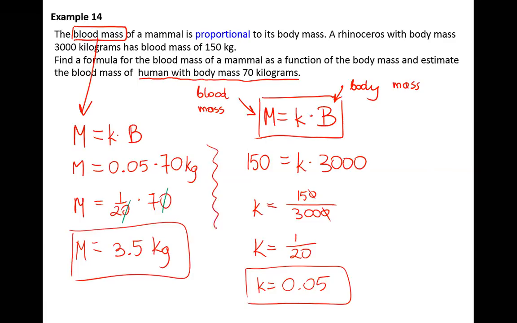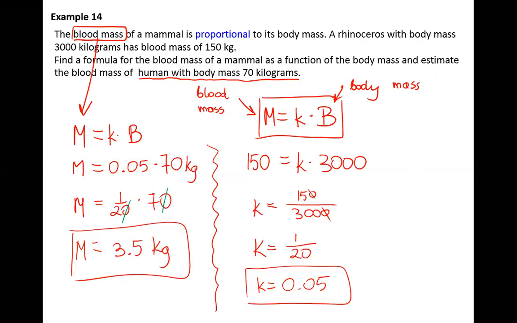I hope I didn't mess up. That's what I wanted to finish. If your weight is 70 kilograms, I don't know if you know the kilograms, you have to multiply by 2.2 to get pounds, like 140 pounds. That means the weight of the blood is 3.5 kilograms, 7 pounds.